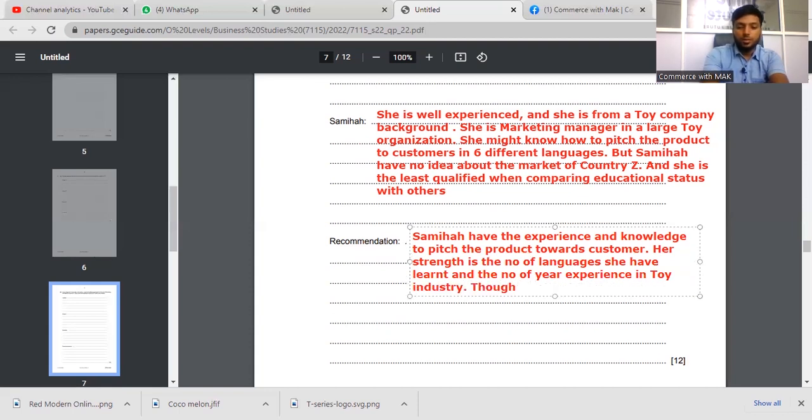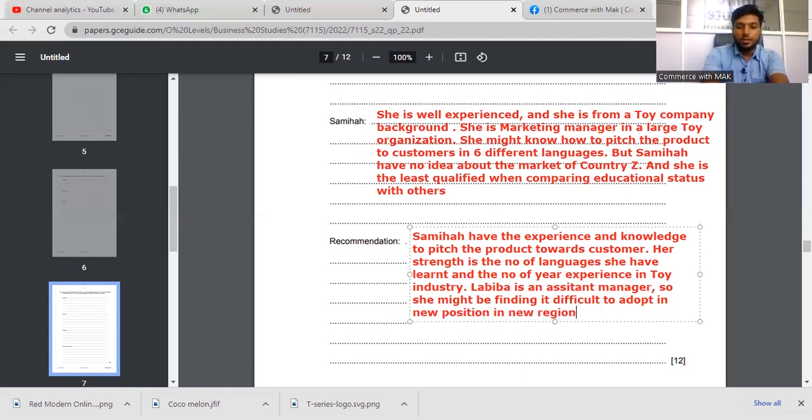Though Labiba is an assistant manager, she might find it difficult to adapt in a new position, in a new region.